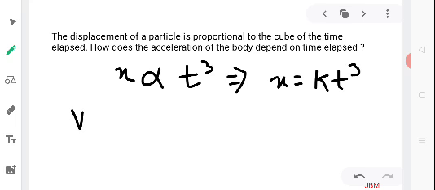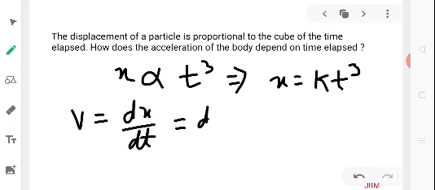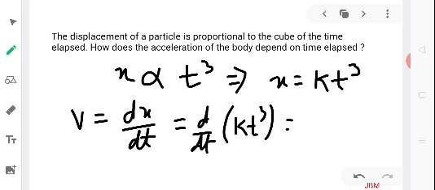Therefore velocity is equal to dx by dt. So we have to differentiate the expression for x, that is k t cube. That will give us 3 k t square, isn't it? We will get velocity equal to 3 k t square.